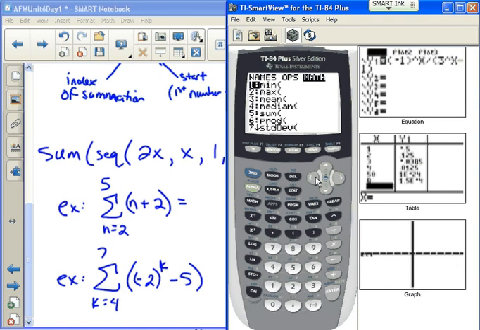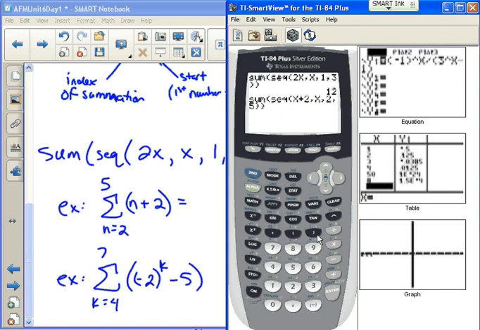I put in the equation, x plus 2, comma, x, comma, 2, comma, 5. So again, the pattern is you put in your equation, comma, your variable, comma, your starting point, comma, your stopping point. Close the parentheses. So that one gives me 22.